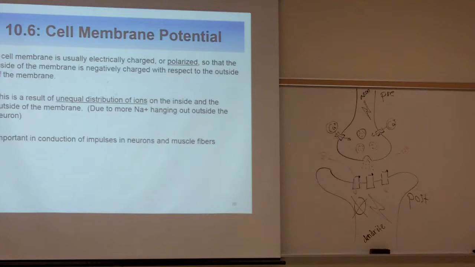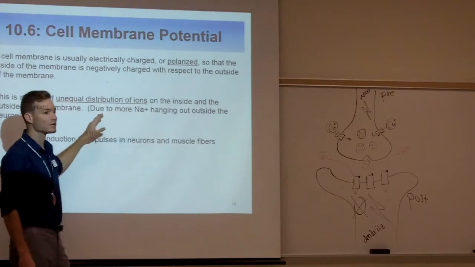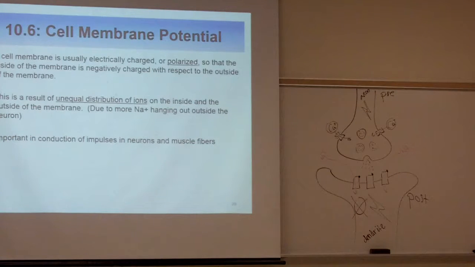Okay, so let's talk a little bit more about that signal. The cell membrane is usually electrically charged, or polarized, so that the inside of the membrane is experiencing a negative voltage at rest. The reason that a neuron is negatively charged inside at rest is because more potassium is hanging out outside the neuron.